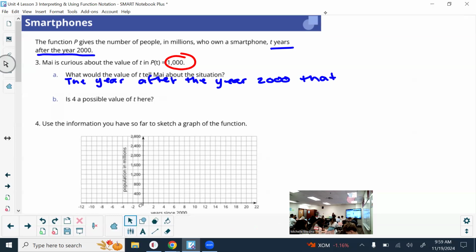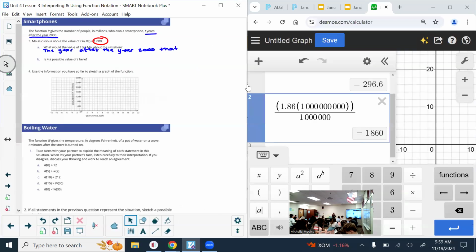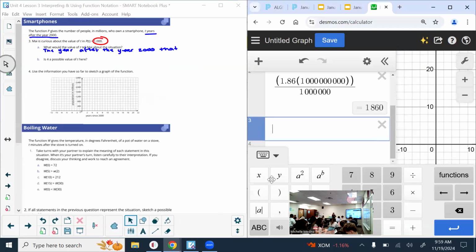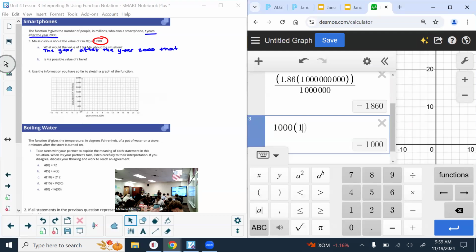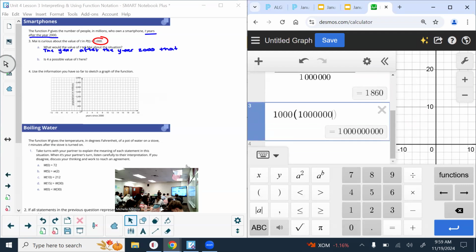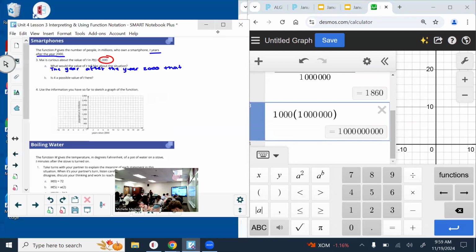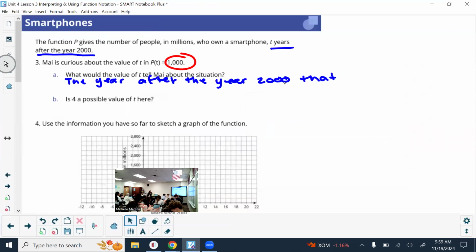To use it in everyday language, because we don't normally say 1,000 million, I'm gonna take that 1,000 times it by a million. Do you guys know what number this is? A billion. So what it would tell us would be the year after the year 2000 that smartphone ownership reached a billion.